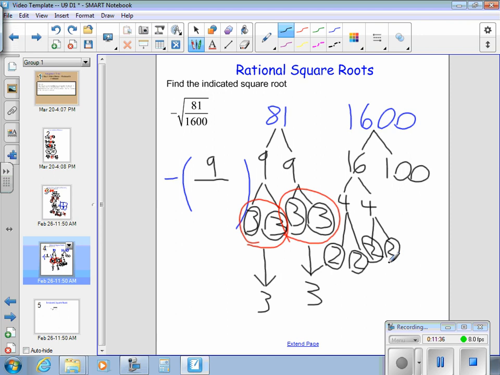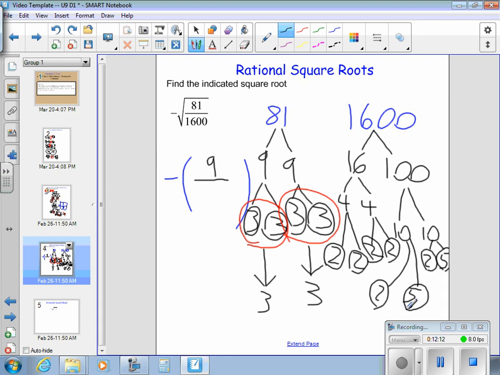And then 100 is 10 times 10. This 100 comes down, I'm going to run out of room here, it becomes 2 times 5, and this one also becomes 2 times 5. And what do you know, I got away with it. So that's prime, that's prime, that's prime, and that's prime.